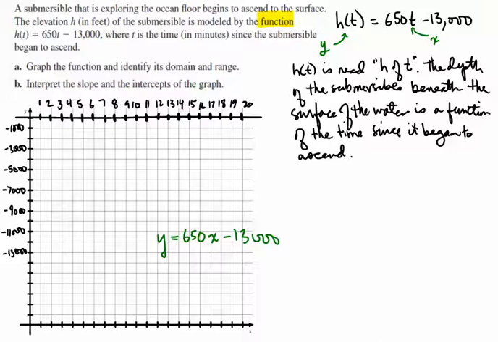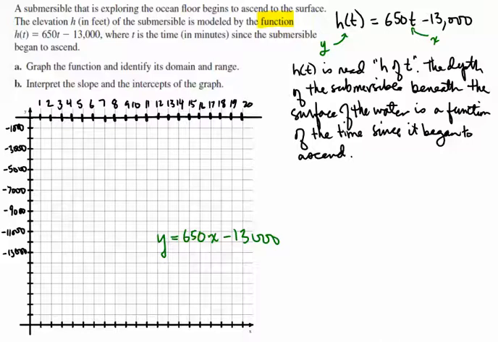Because the depth of the submersible beneath the surface of the water is a function of the time since it began to ascend, which means its height, or in this case its depth, is going to be dependent on how long it is since the submersible began its ascension.